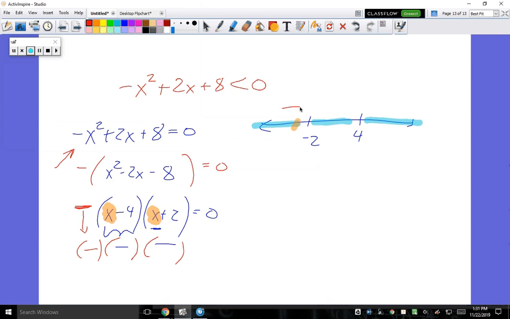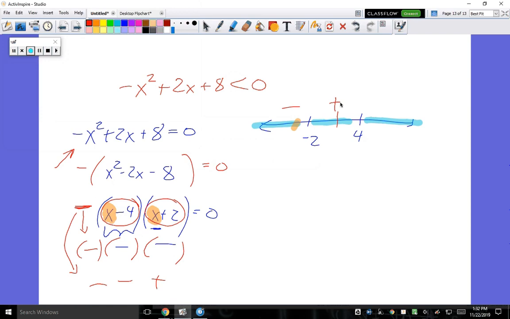Not on this one. So do you see how I got a negative for this first test? Let's try something in between here. What number is easiest? 0. Because I'll get a negative, a positive, but then I have to remember this negative. You see what I'm doing? And remembering this negative, what's that sign going to be over here?